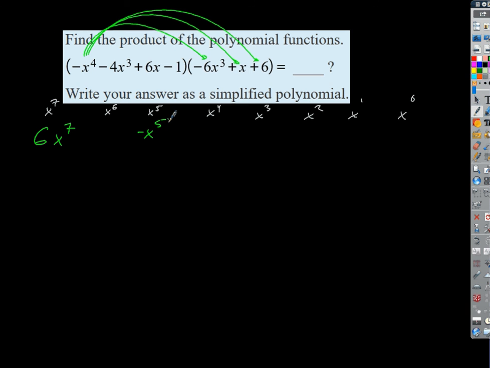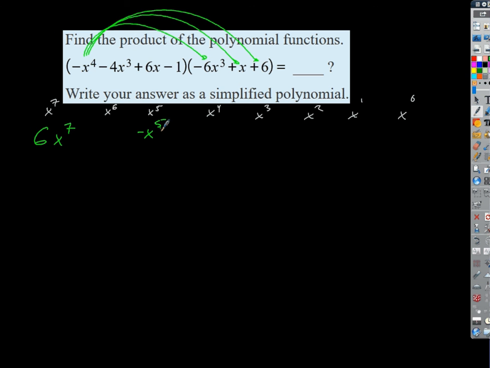Okay, so when I'm distributing here, I got 6x to the 7th. The next term I would normally expect to get would be an x to the 6th power, right? But we didn't get one because look at this polynomial. It's missing the x squared term. See what I'm saying? And so we jumped all the way from an x to the 7th term to an x to the 5th term.